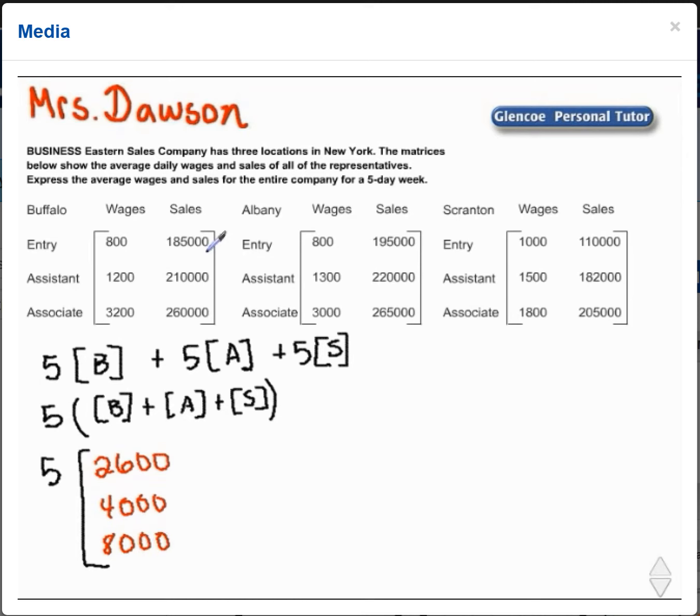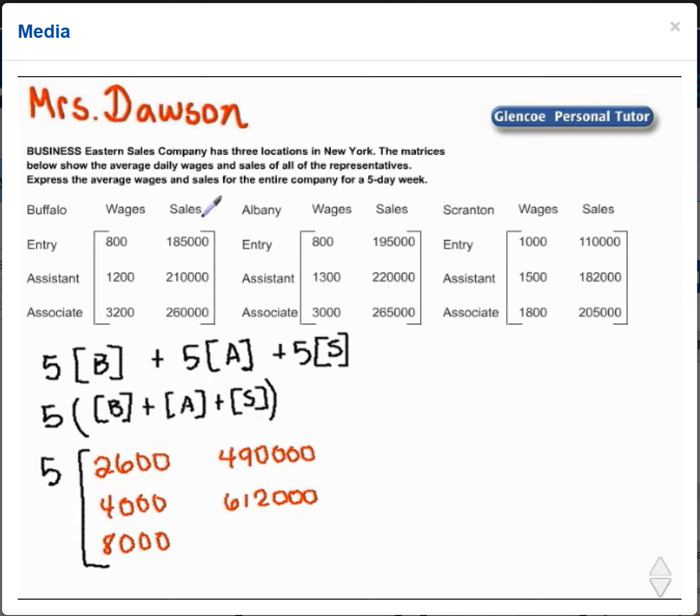The sales entry, $185,000 plus $195,000 plus $110,000 is $490,000. The sales for the assistant, the sum of $210,000, $220,000, and $182,000 is $612,000.